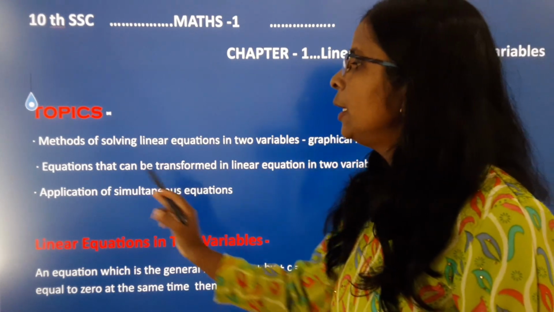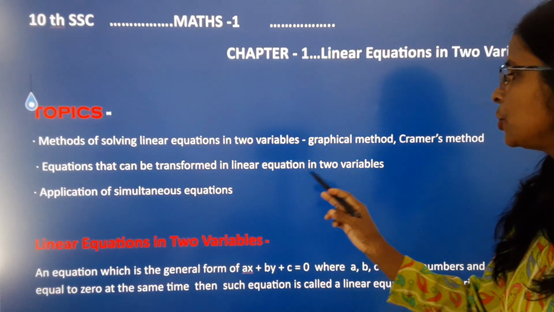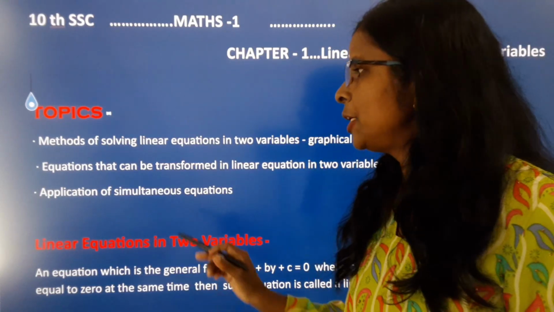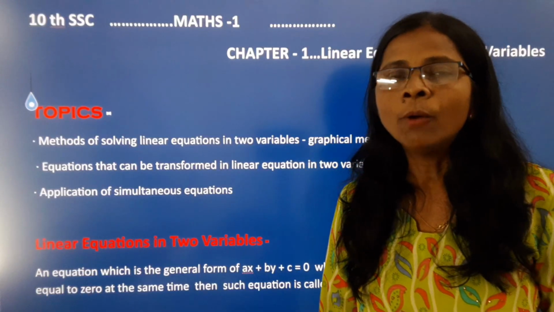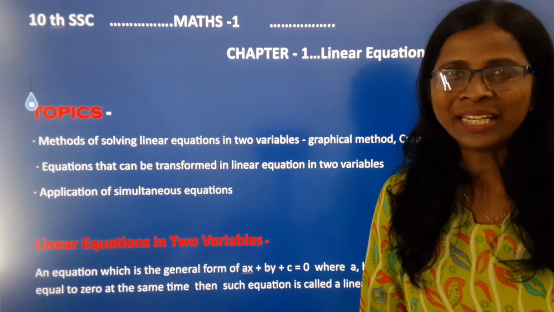The second topic is equations that can be transformed into linear equations in two variables, and the third is application of simultaneous equations. So now one by one let us study the topics.